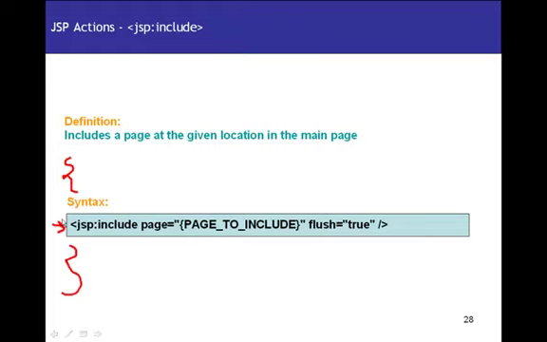When we discussed JSP directives, we said that we could include a page in my main page. And where you would usually use this feature is when you have certain common features in every JSP page, like a header or a footer, you can use those to include in your main JSP page. So every page basically has the same header or footer, right?